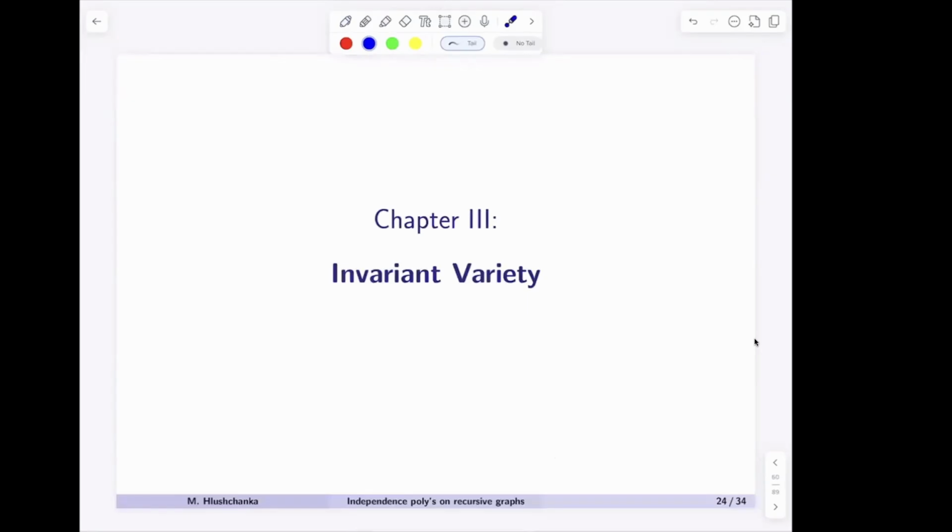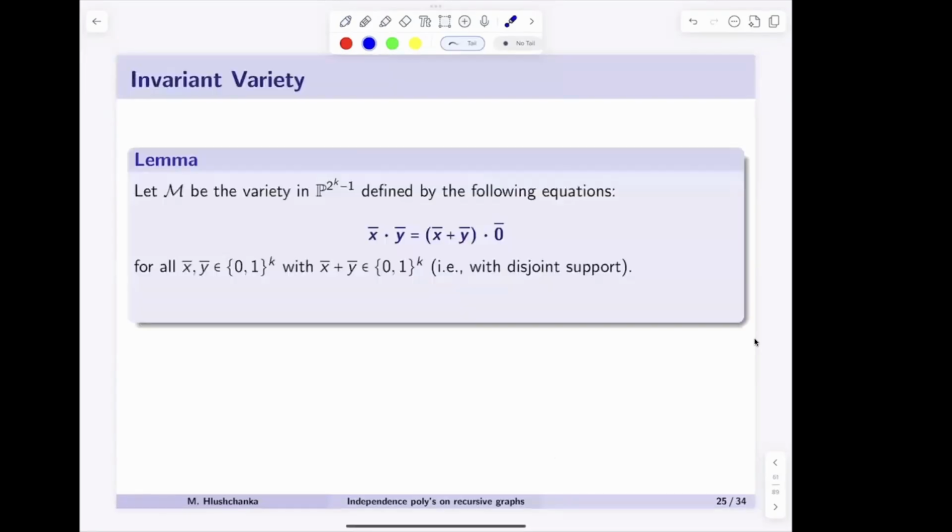Okay, so now the next chapter is our new main character, which is the invariant variety. What I want to do is consider the variety in my projective space defined by the following equations. Remember that my coordinates naturally correspond to k-tuples.